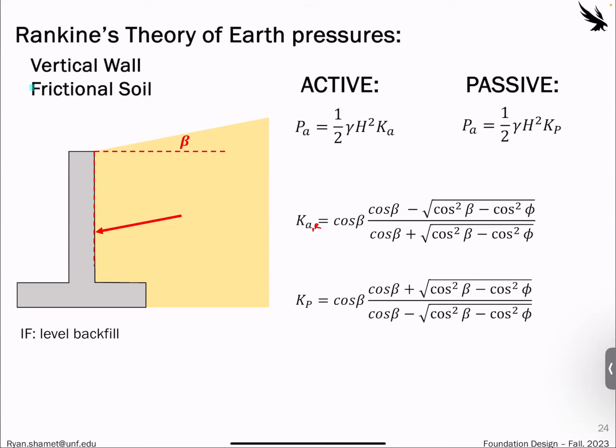So if we had a level backfill here, then these actually simplify quite a bit. Level backfill, meaning this is equal to 0.